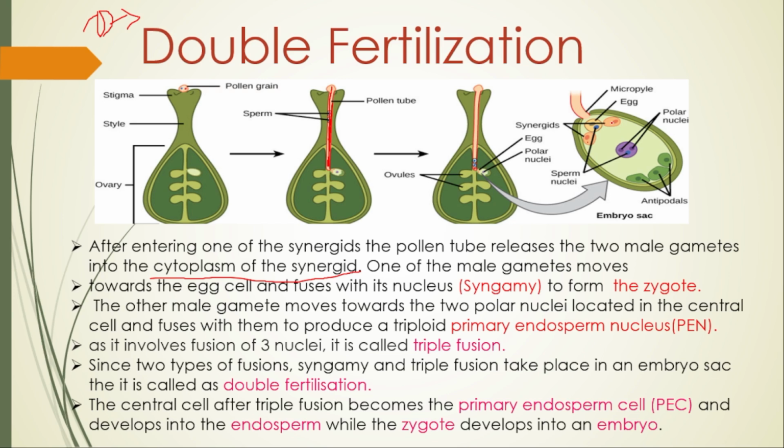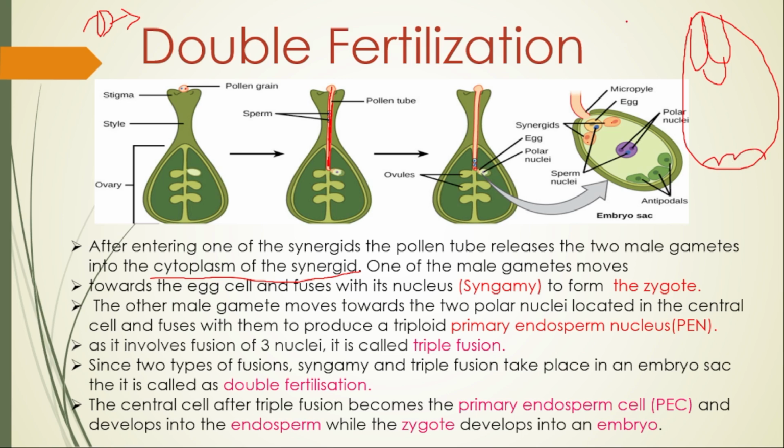Let me draw here. Just imagine, here are the 2 synergids and there is an egg cell also, and there are 3 antipodals.